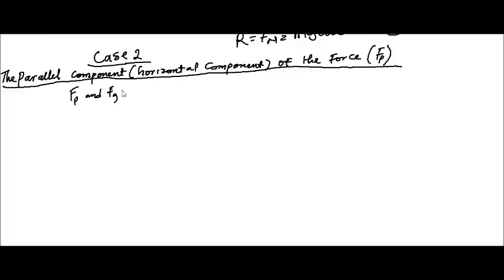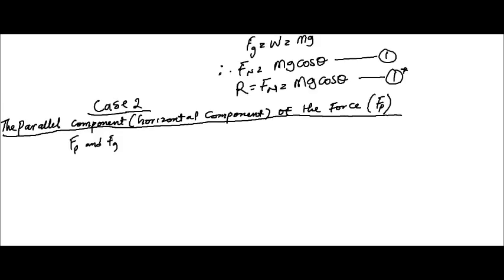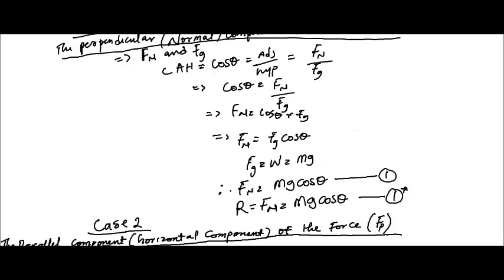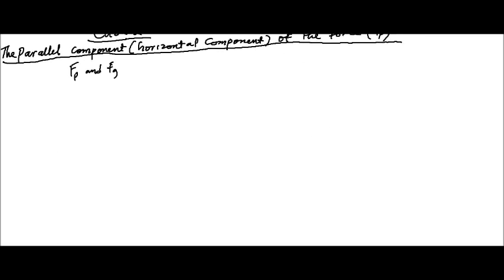So if you want to do Fp and Fg, what would that be? Let me quickly scroll up so that you see. Fp here is opposite, and Fg, F subscript g rather, is the hypotenuse. So opposite over hypotenuse implies sine theta.